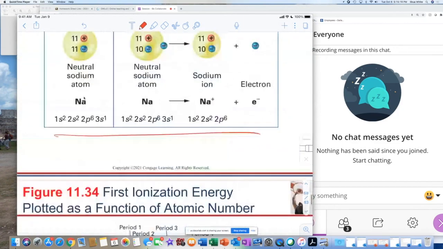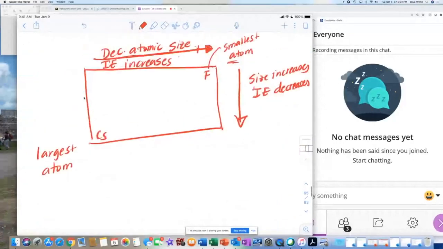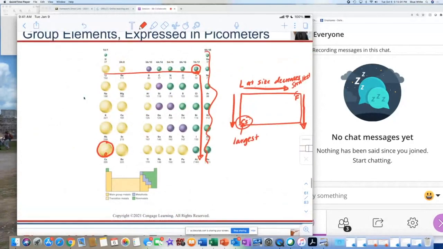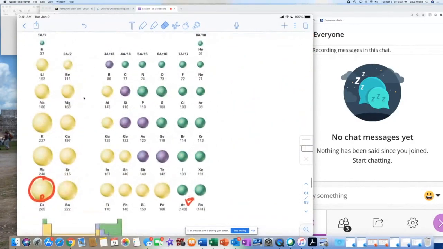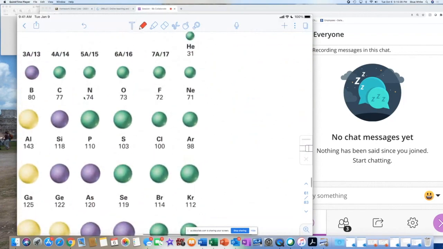It has to do with the size of the atom. Where is the picture I have for the size? This one right here. The easiest way to answer that question is to look at the size. Fluorine here has an atomic size, and they gave you this number. Chlorine is 100. Oxygen is 73.